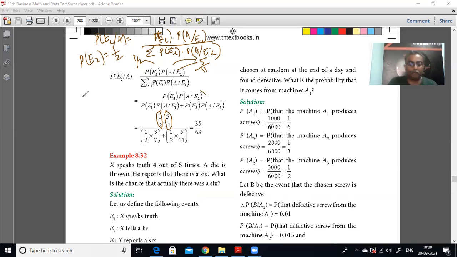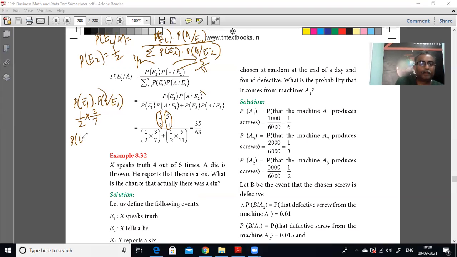Sigma means you have to add up everything. First one is P of E1 into P of A given E1. P of E1 is also half, the probability of choosing bag 1. P of A given E1 is 3 by 7. We did that: the probability of choosing a red ball given that it is from bag 1. So you get half into 3 by 7.